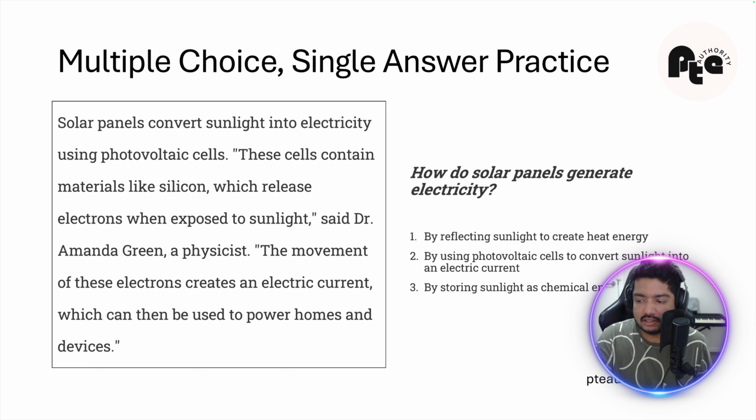So I thought in this session, let's just continue solving more problems so you can get more thorough on this type of question. Like in the previous video, we'll be using the QTA method. If you want to learn more about the QTA method, check out the complete guide on solving multiple choice single answer questions using the QTA method on pteauthority.com.